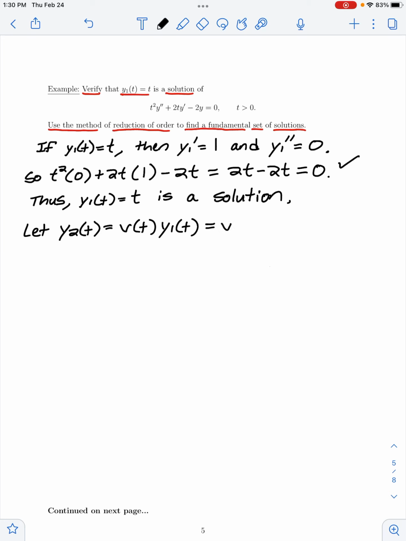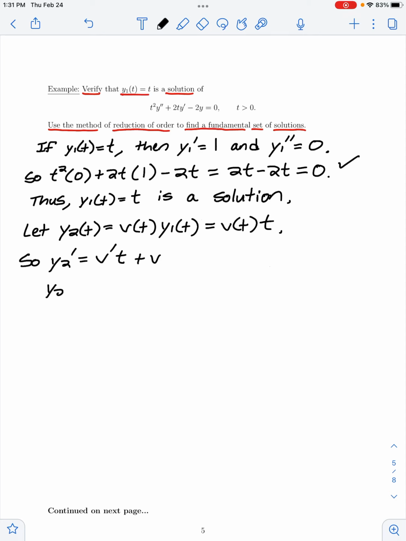So in this case, we have v of t times y1, which was just t, and then we want to find v of t, which would make this a solution of our equation. So let's find our first two derivatives, starting with y2 prime. By the product rule, y2 prime would be v prime times t plus v times the derivative of t, which is just 1.